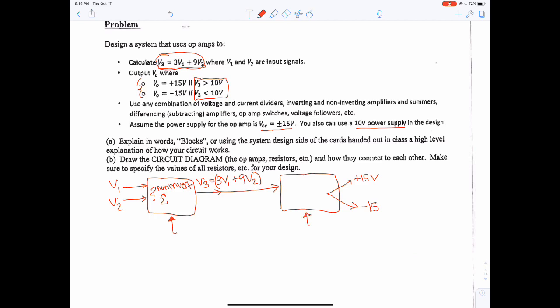For this block, we know we have a circuit that when you have a comparison such as this, then you could achieve the rails of plus 15 or minus 15 volts. So we're going to try and see, is a comparator going to give us an accurate output here? So we're going to first look at the non-inverting summer and see if we can use that for the design.